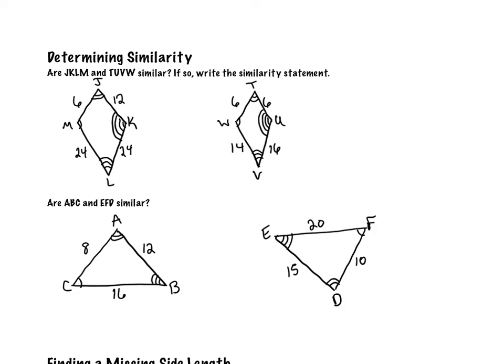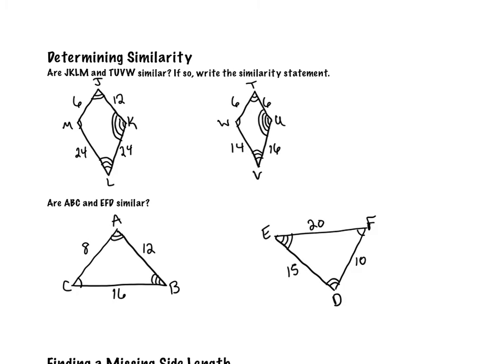Now we want to talk about how I decide if two shapes are similar. If I look at those first two shapes, JKLM and TUVW, do I have 4 pairs of congruent angles? Yeah, each angle is congruent to another one on the other side, so that's good. Now I want to check the scale factors.